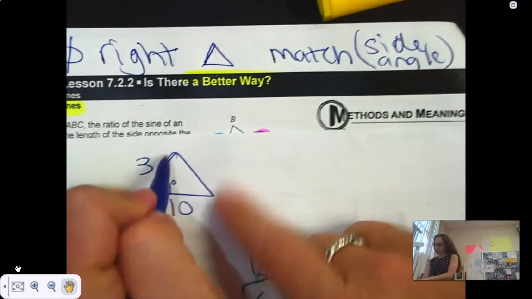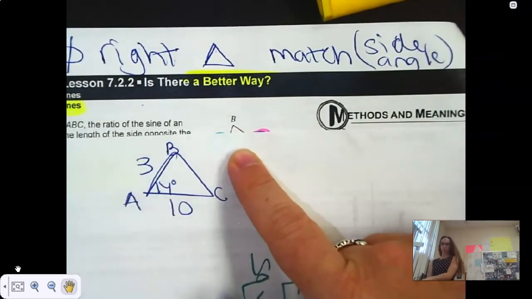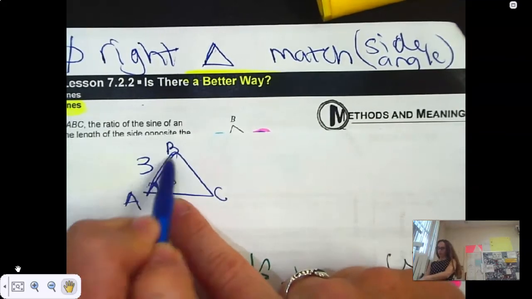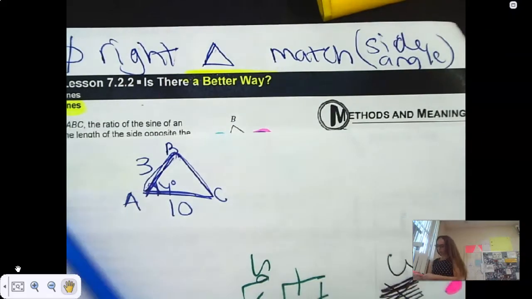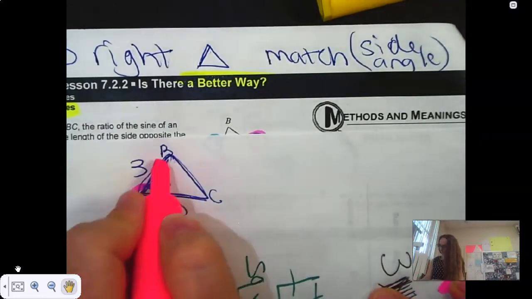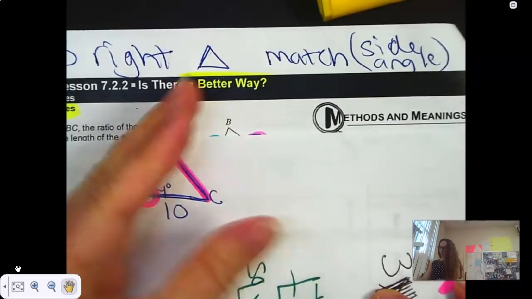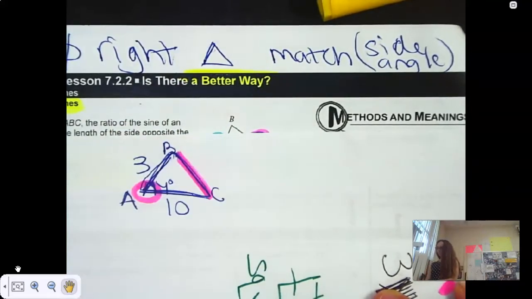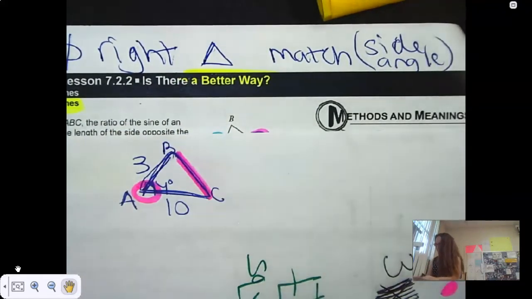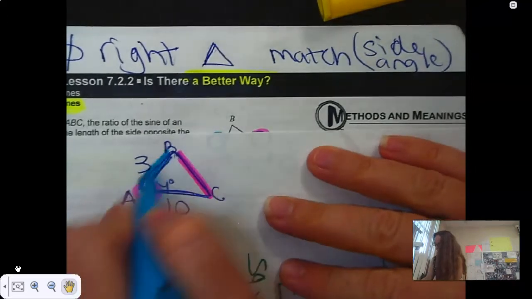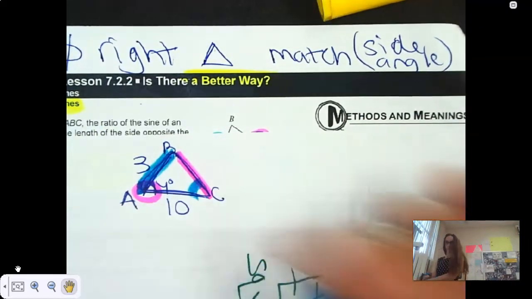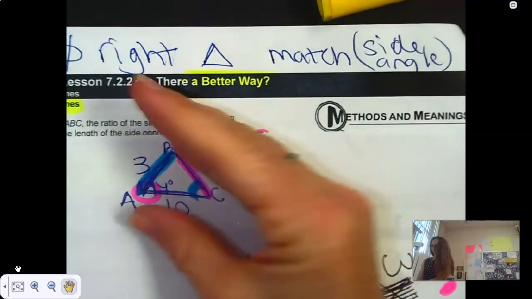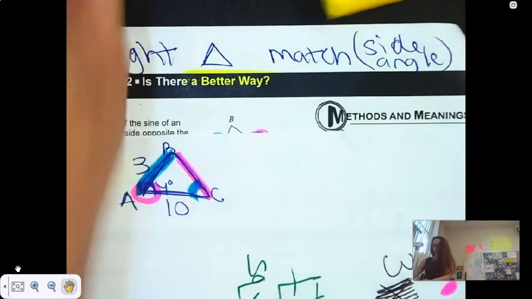Well, if I was to call this A and B and C, if this is angle A, it opens up to side A. So look, angle A opens up to side A. It's almost like it's going to eat it. Okay, let's look here. This side is this angle, because this opens up to it.